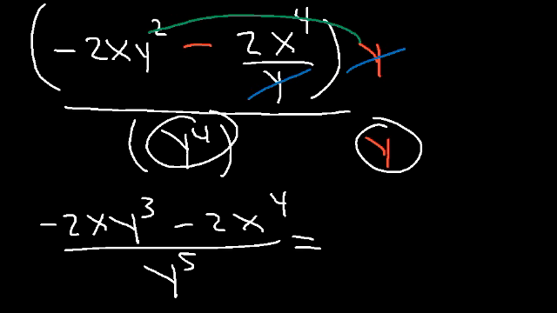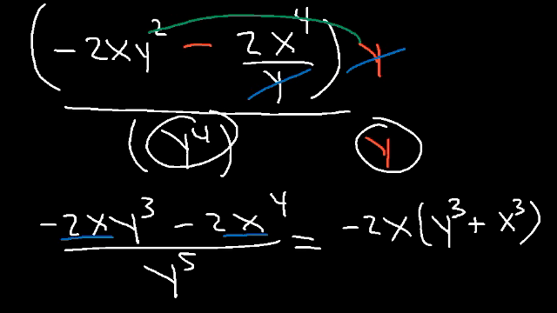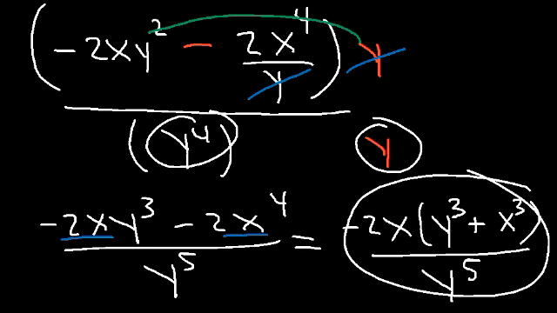So the final answer, we can take out a negative 2x, so it's going to be negative 2x times y cubed plus x cubed, I take that back, divided by y to the fifth. So this is the second derivative of the function. Whenever you're looking for the second derivative for an implicit differentiation problem, make sure you plug in dy/dx, because you'll have it as you get the first derivative.